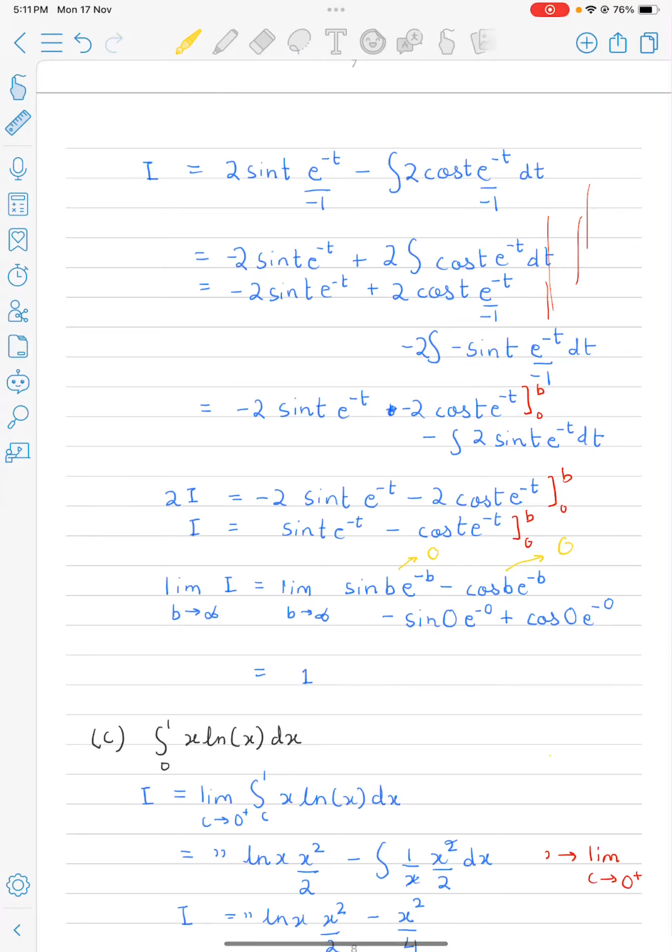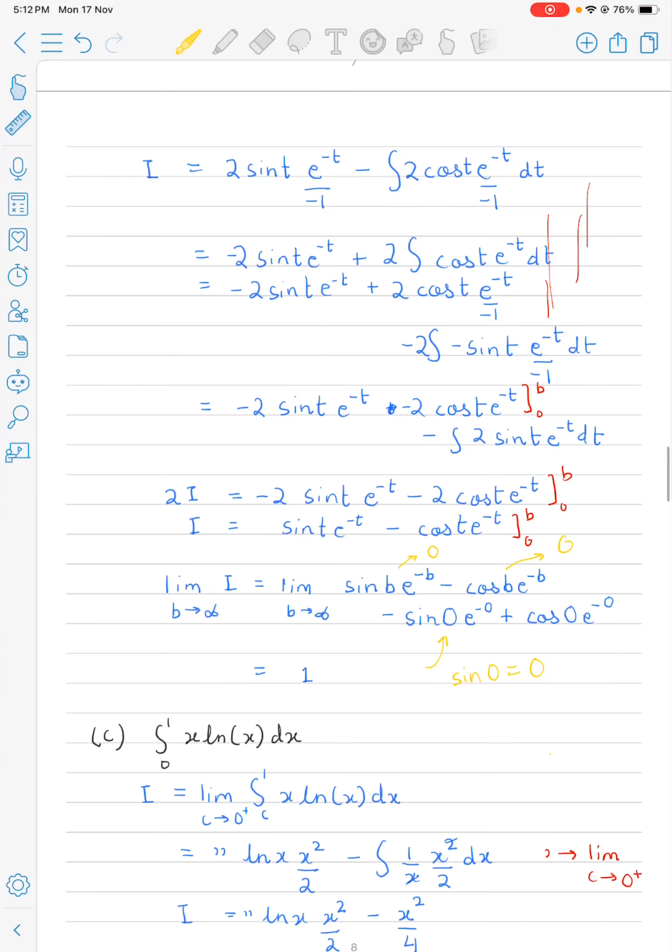And how about this one? This one is sine 0. Sine 0 is 0, right? So sine 0 into e to the power minus 0 will go to 0. Now I just have to convince you about this part.